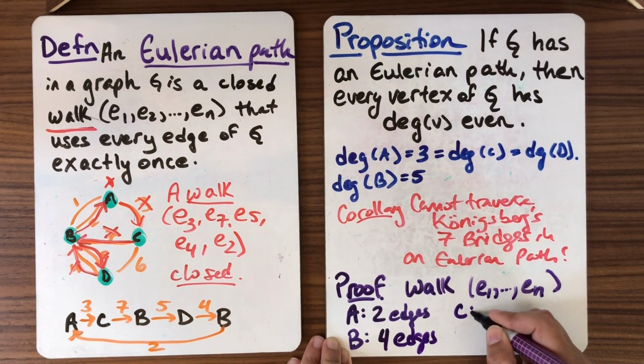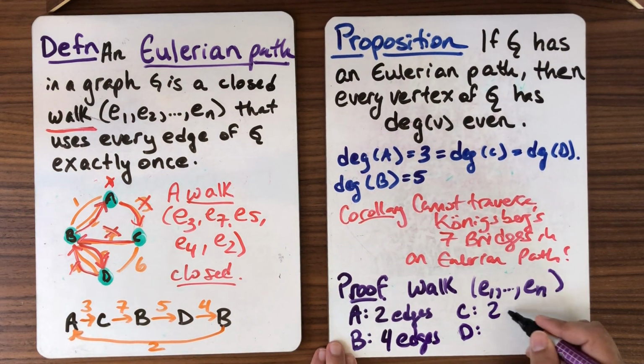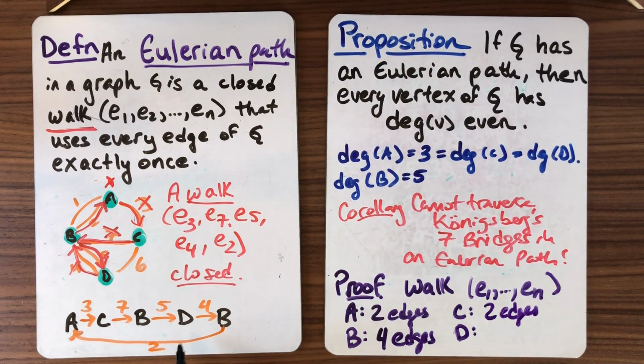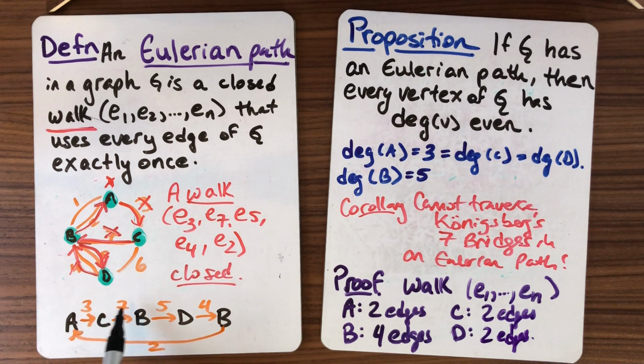And what about C and D? Well, C appears once and has 2 edges. What about D? D appears once and has 2 edges. So this walk, which has 1, 2, 3, 4, 5 edges, has these multiplicities in terms of how the edges appear. And that's the crux of the proof.